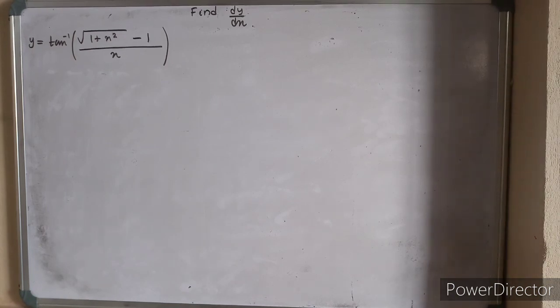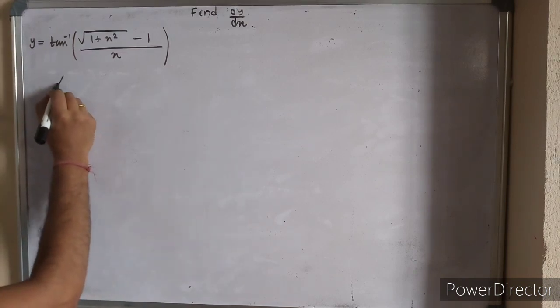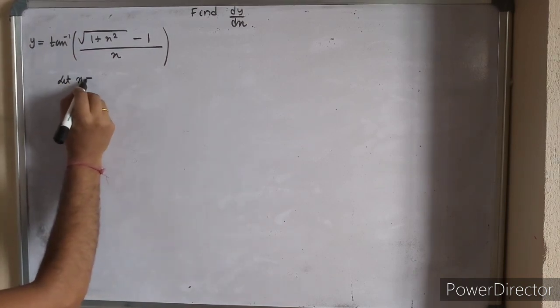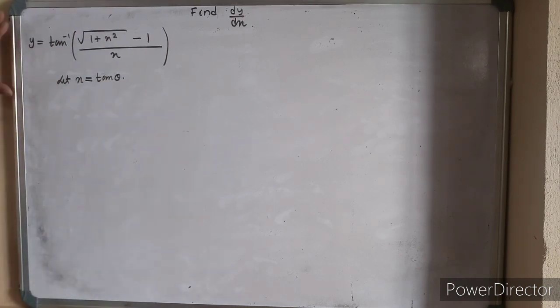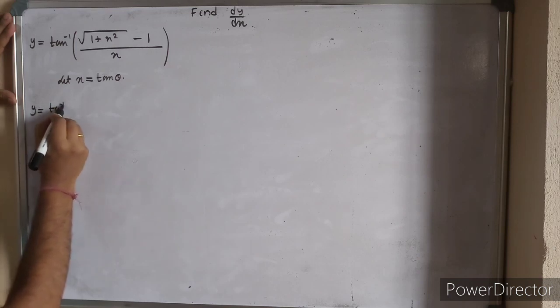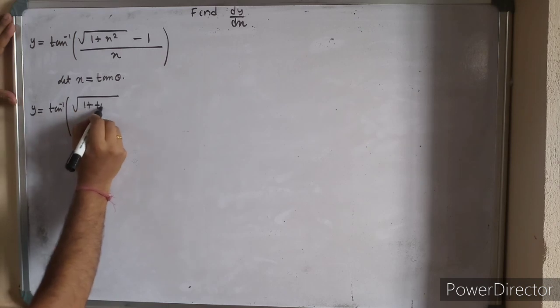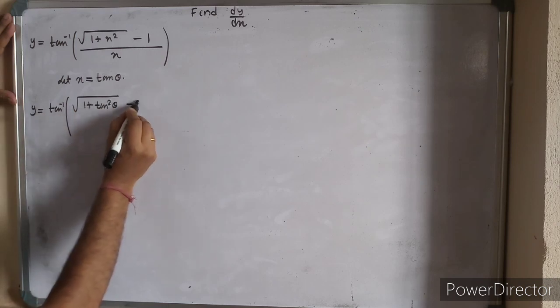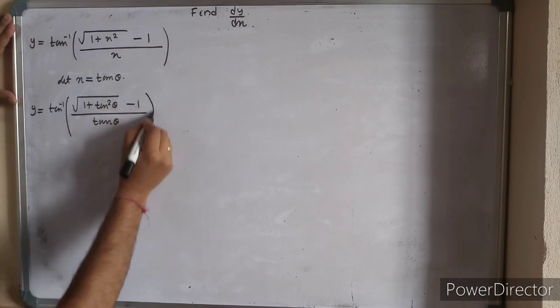Now y equals tan inverse of under root 1 plus x square minus 1 over x. This question is very important. I'll consider let x equals tan theta. This particular problem has lots of trigonometrical concepts of class 11. Tan inverse of under root 1 plus tan square theta minus 1 over tan theta.